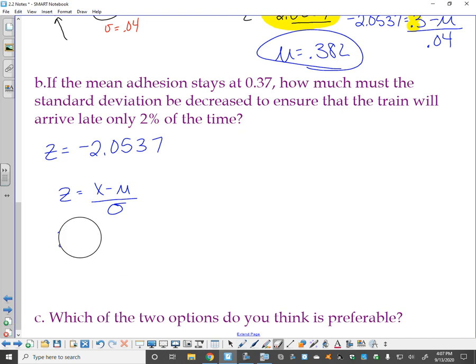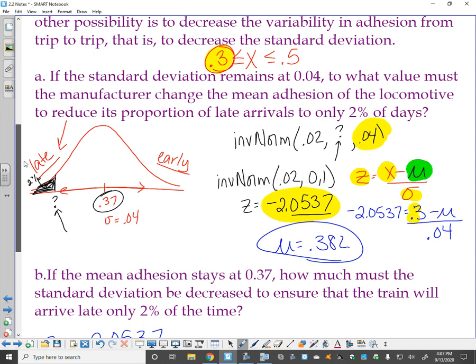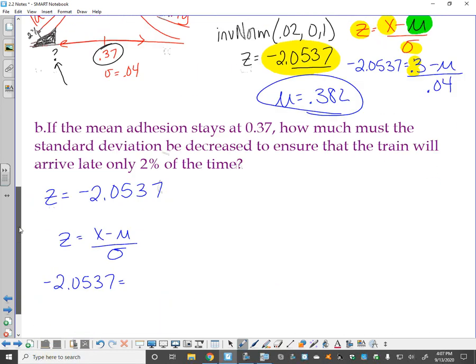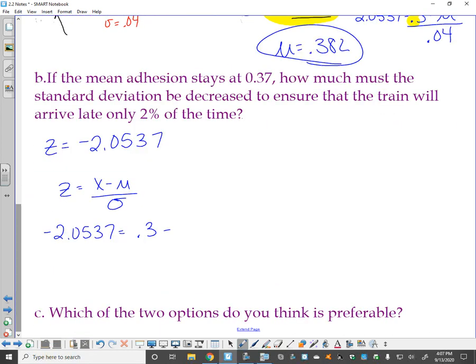Okay. I'm going to use my z-score formula. I know what z is, so I'm going to plug that in. To not be late, I know that I needed to be a 0.3. I'm keeping my mean at a 0.37, but I want sigma. To solve this equation, first I'm going to subtract the two things that are on top.